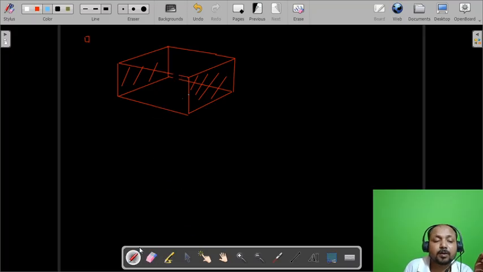Let's say there is a person who is standing at the center.